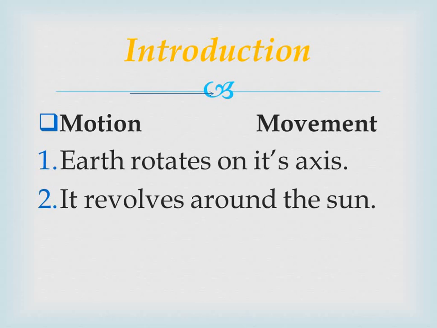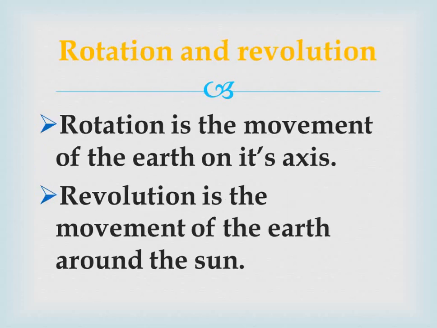So now we will discuss rotation and revolution, the two types of motions or movements of the earth. Rotation is the movement of the earth on its axis. The motion of the earth on its axis is known as rotation. Revolution is the movement of the earth around the sun.